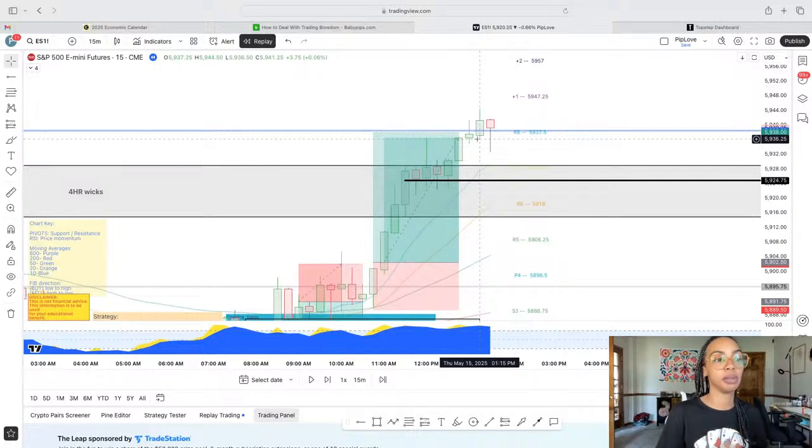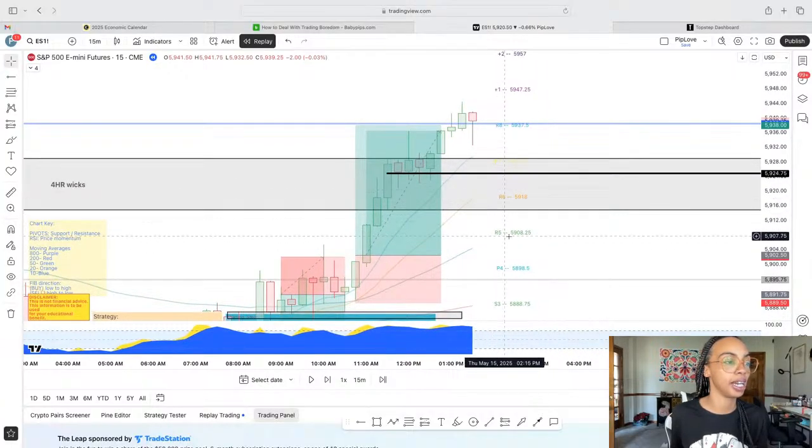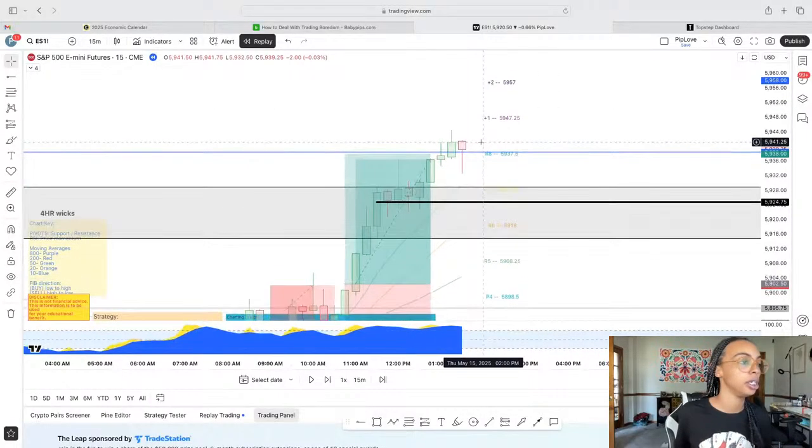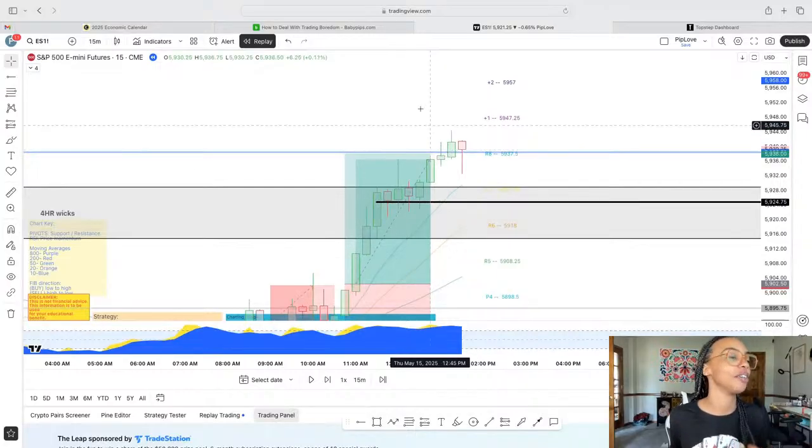Now, if price breaks below 59.24, that would tell us, hold on, we're making lower lows now. Let me get into this counter trend trade. It's confirmed. So until price breaks below this level, we're still looking for buys.